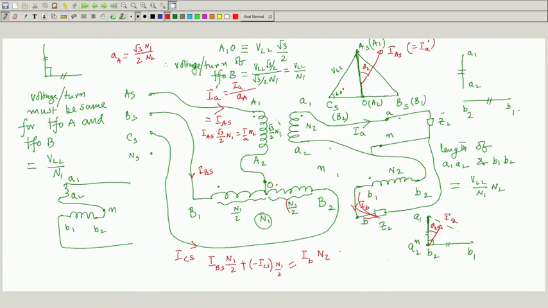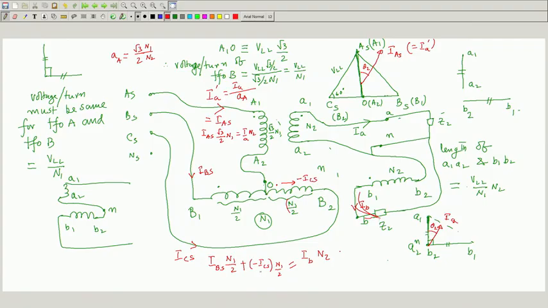Through this portion of the coil, I have assumed I_CS flowing like this, as we assume for 3-phase circuit analysis. And if this is dot, this is dot, as we have learned in the autotransformer, current flowing in this direction is minus I_CS.